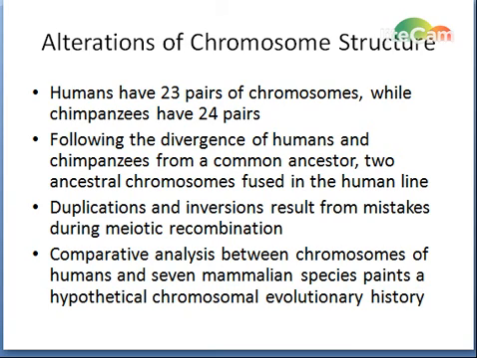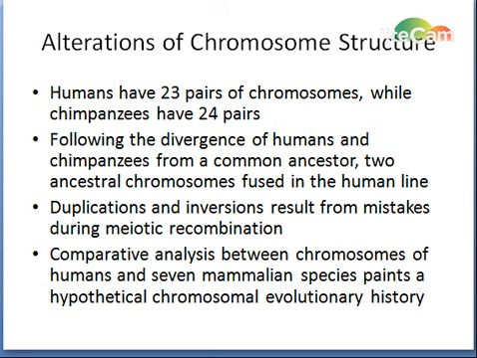Following the divergence of humans and chimpanzees from a common ancestor, it's believed that 2 of the original chromosomes of the set of 24 were fused in the human line. Then duplications and inversions that result from mistakes during meiosis or meiotic recombination can explain the continued diversity or divergence.